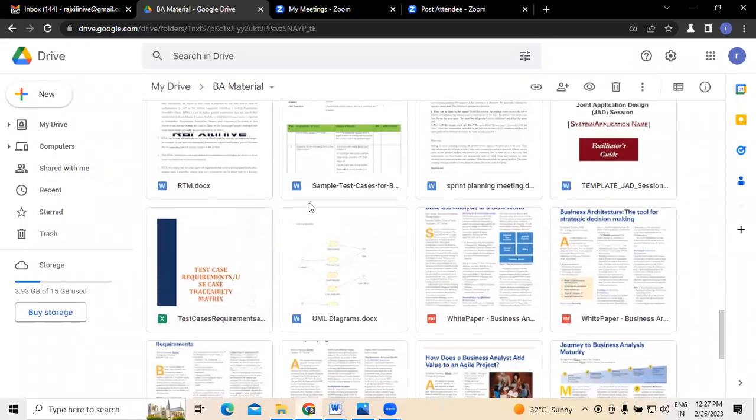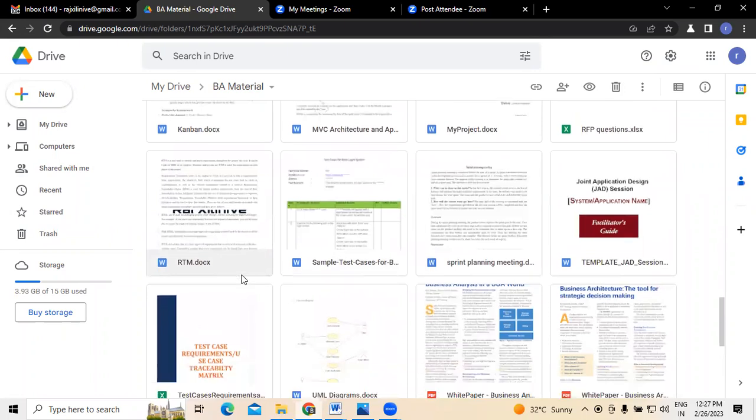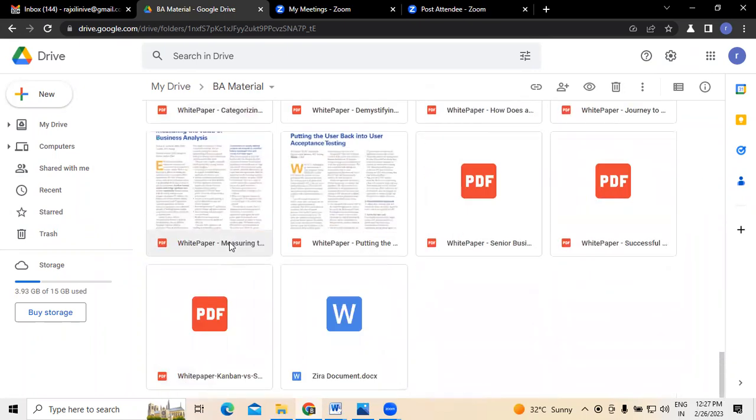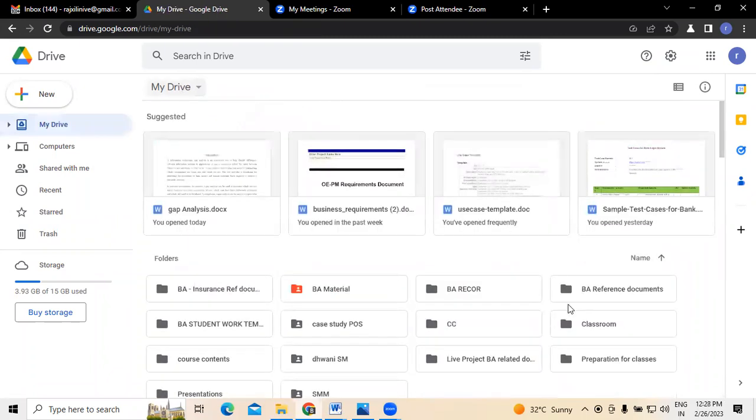So, the sample test case document is not so clear. One minute, I'll show you.